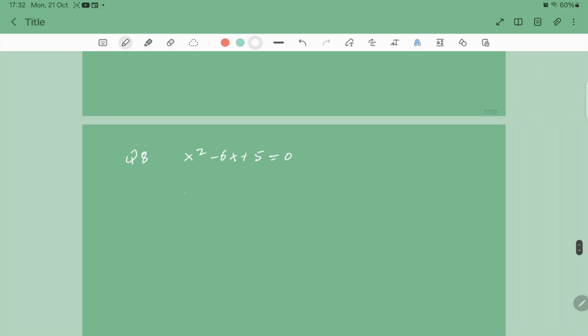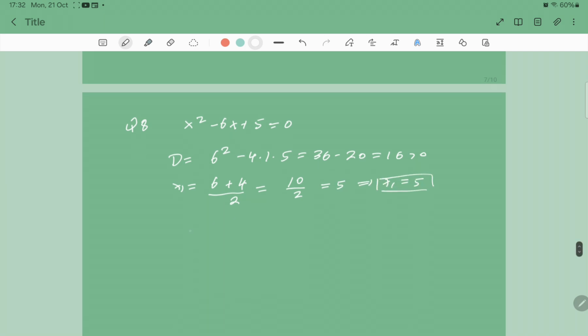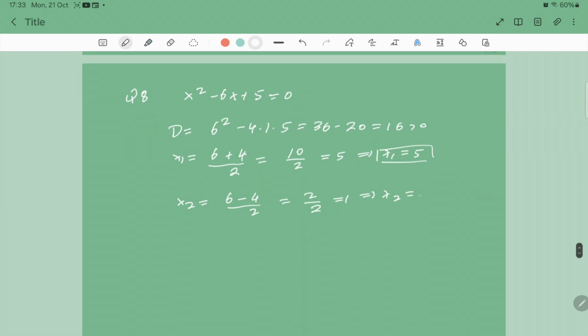Let's go to question number 8. I have two positive roots, x1 equals 5 and x2 equals 1.